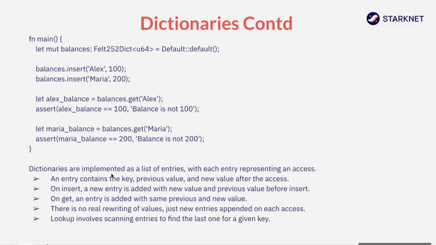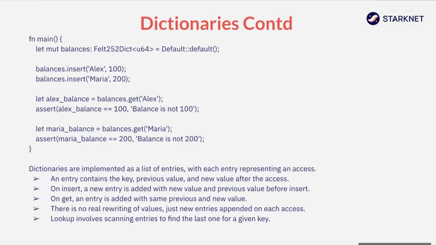Dictionaries are implemented as a list of entries, with each entry representing an access. The way a dictionary actually works is like a struct under the hood. We have the key, the previous value, and the new value.